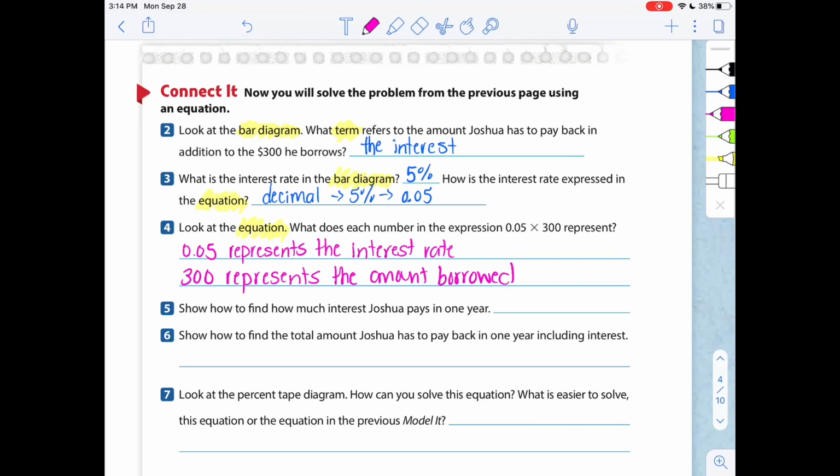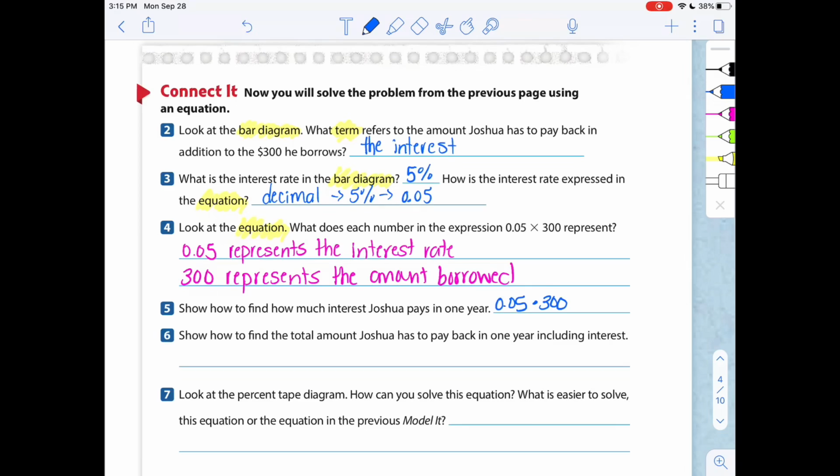So this is where we want to actually do the math of finding 5% of 300. And remember, that word of means to multiply, and in order to do that, we need to use the decimal form of that 5%.